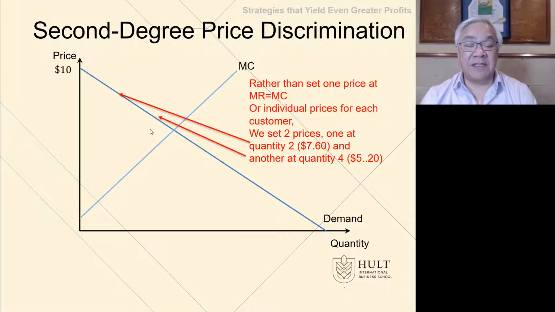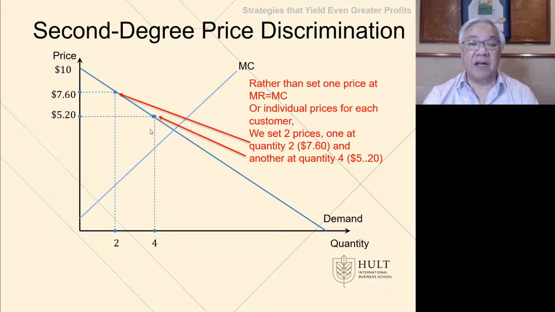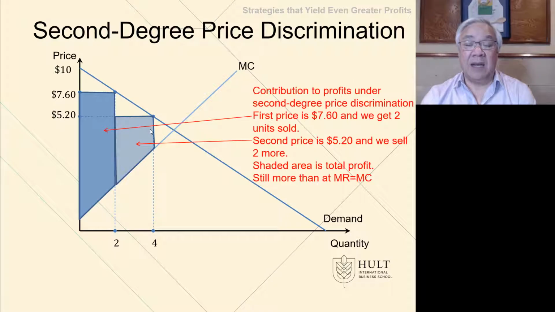So here we have the same idea of marginal cost and demand, and we then set two prices, one at $7.60 and the other at $5.20. And when we do so, we see that our profit equals these areas here. At $7.60, we would capture this darker blue region, and at $5.20, we capture this lighter blue region.